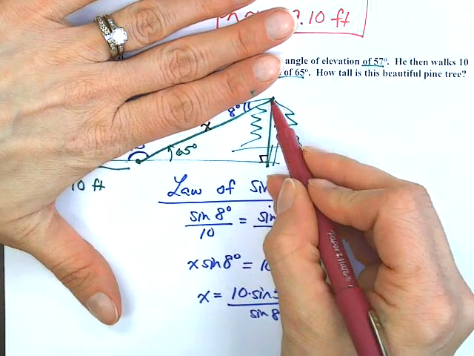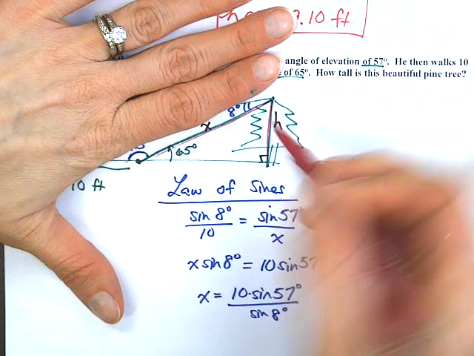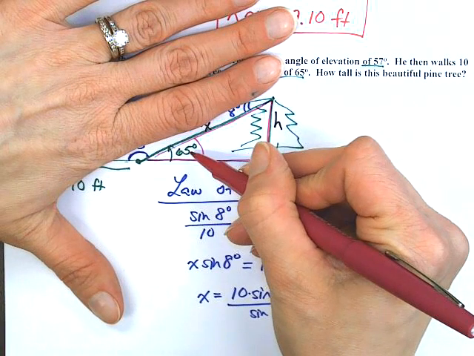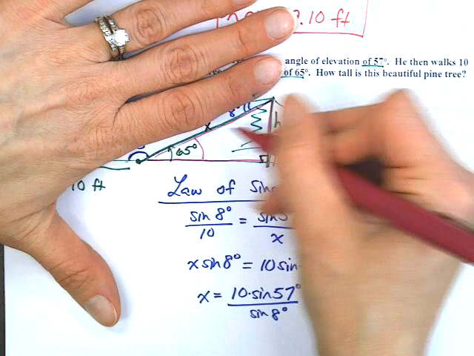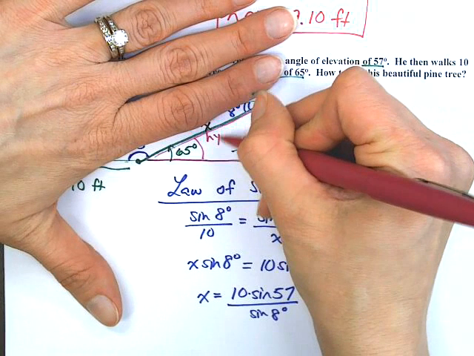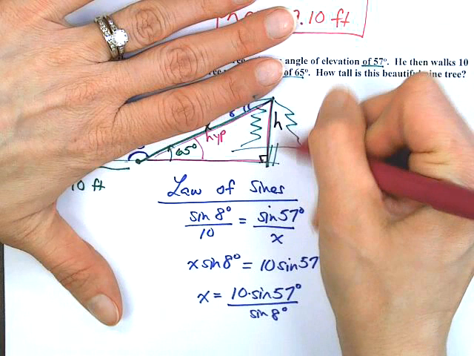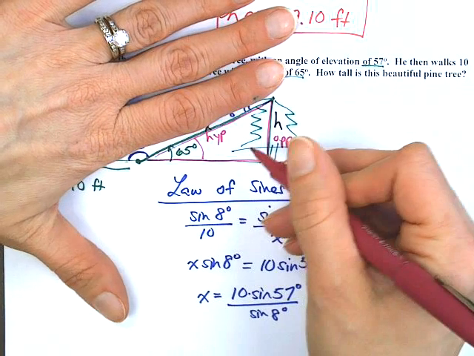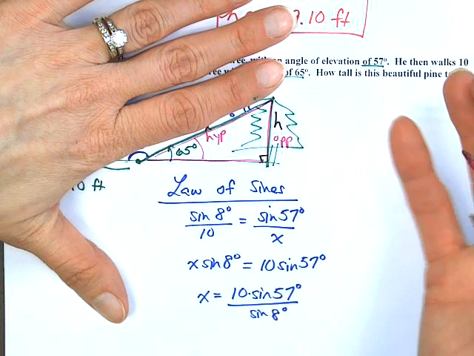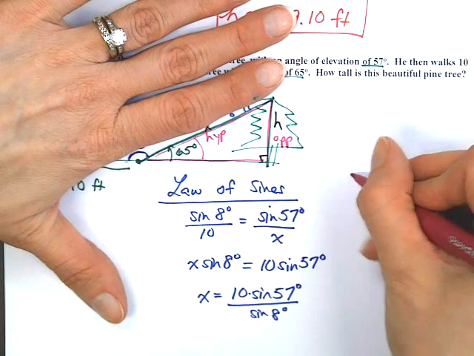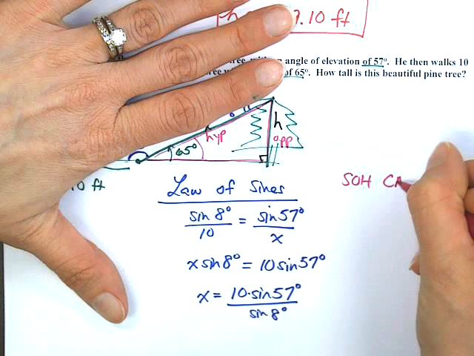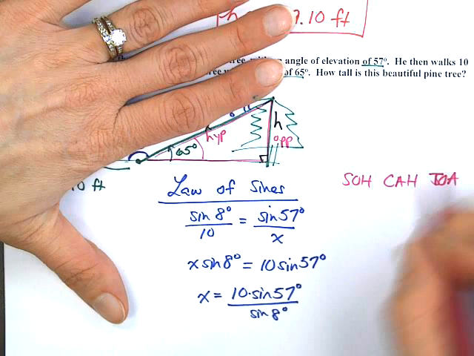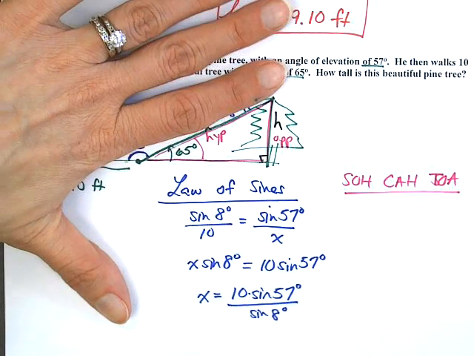So now what we have is just a basic right triangle, basic trigonometry. I've got a 65-degree angle. x for this right triangle is the hypotenuse. And the height here, this is the opposite. Okay, so now when you have a right triangle, you could do the law of sines, or you could just do SOHCAHTOA. SOHCAHTOA is actually just the law of sines, but for only right triangles.